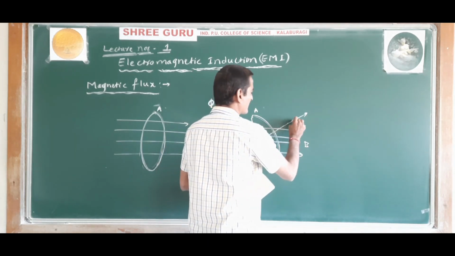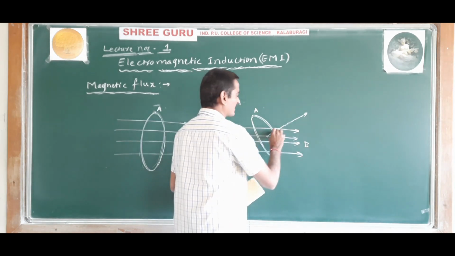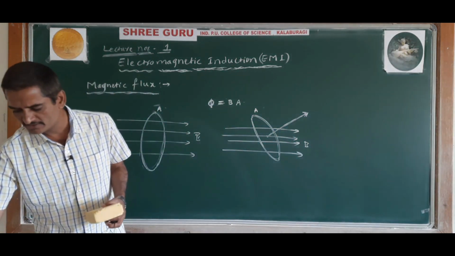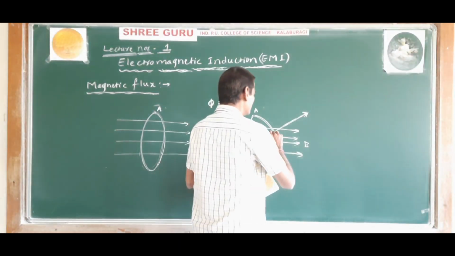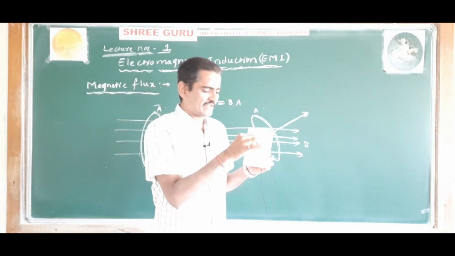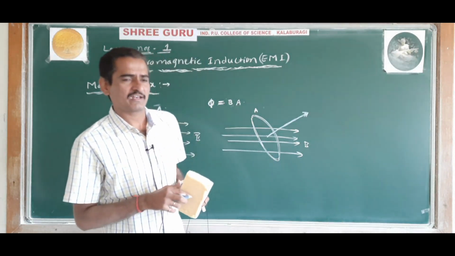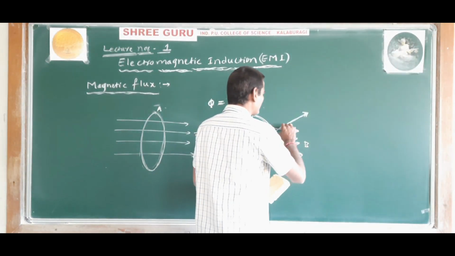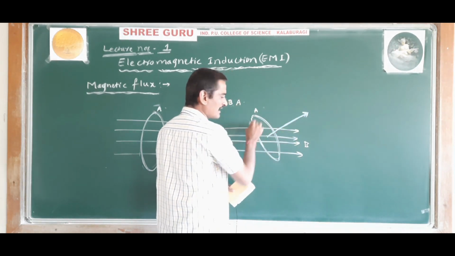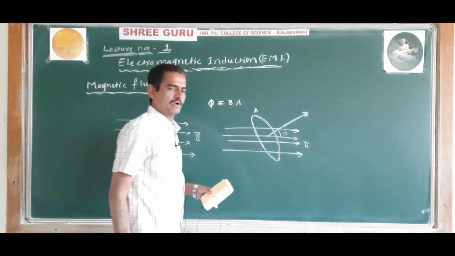We know the area vector is drawn perpendicular to the area, a straight line, that is, a normal drawn to the area. That normal is the direction of the area, called the area vector. This area vector makes an angle theta with the direction of the magnetic field.